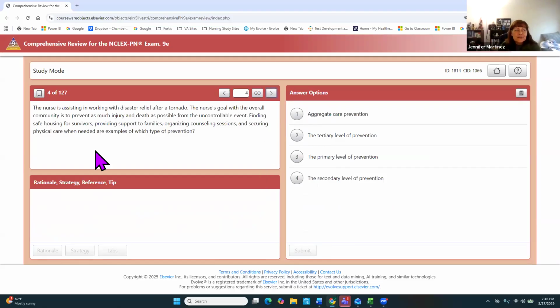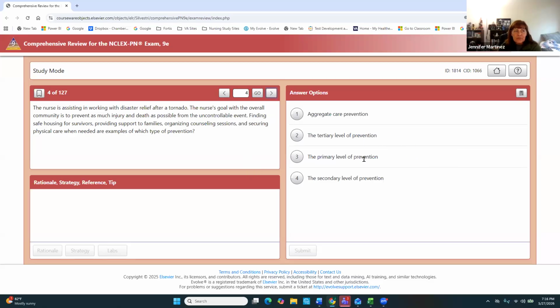All right. The nurse is assisting in working with disaster relief after a tornado. The nurse's goal with the overall community is to prevent as much injury and death as possible from the uncontrollable event. Finding safe housing for survivors, providing support to families, organizing counseling sessions, and securing physical care when needed are examples of which type of prevention?